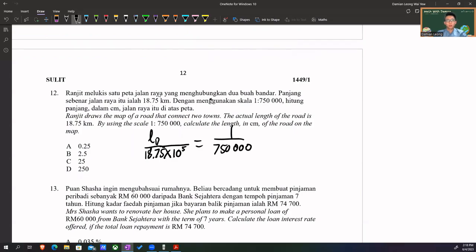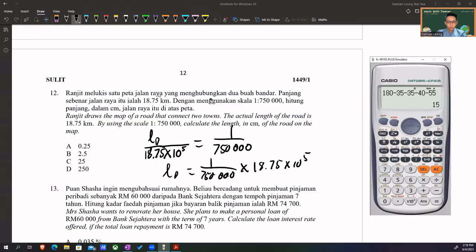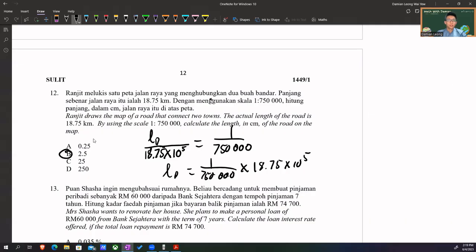So we'll just bring this over. Drawing length is 1 over 750,000 times 18.75 times 10 to the power 5. So 18.75 times 10 to the power 5 divided by 750,000, which is 2.5. So it's 2.5 cm.